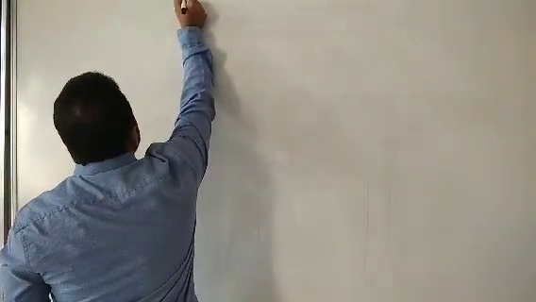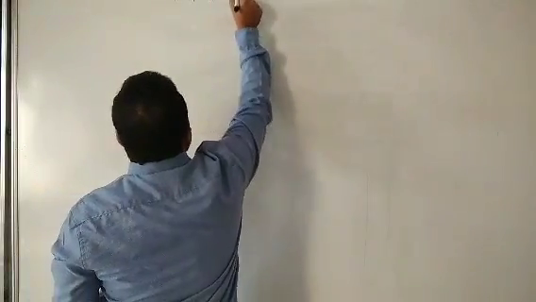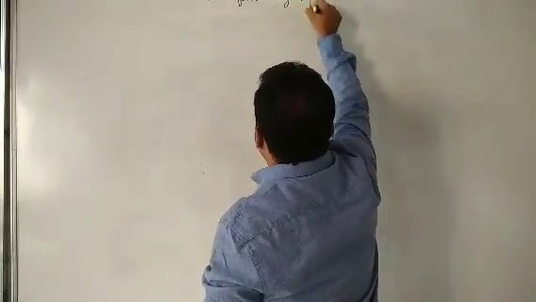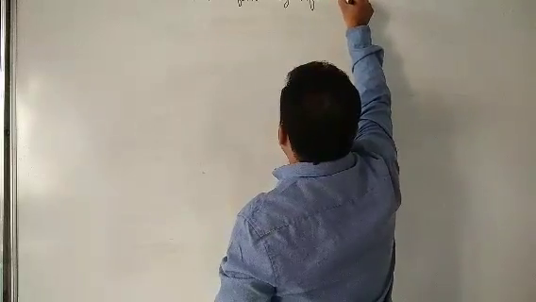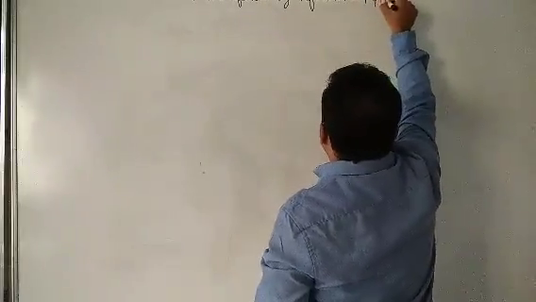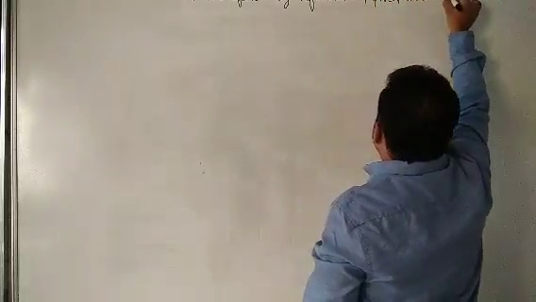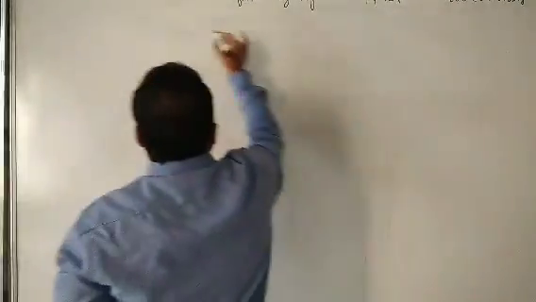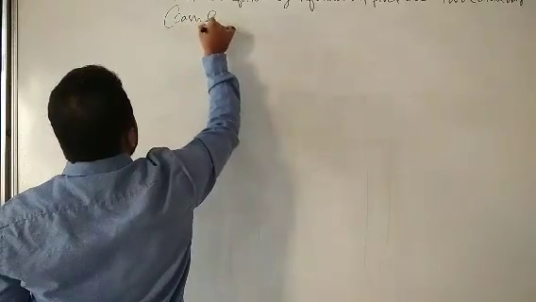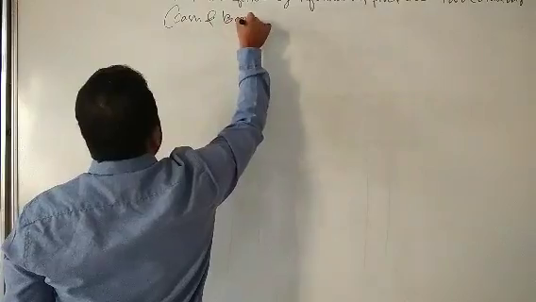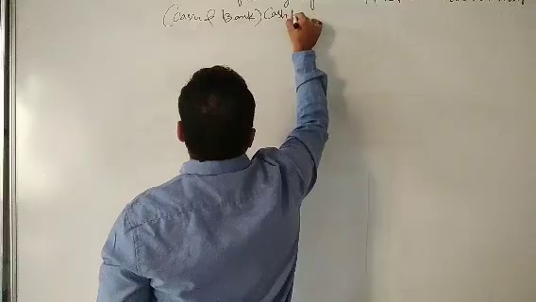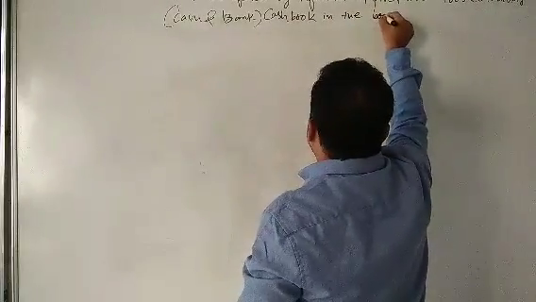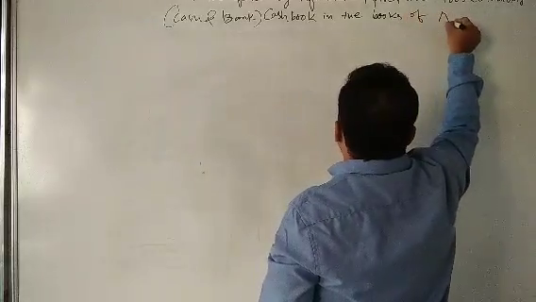From the following information, prepare two column, that is cash and bank, cash book in the books of A Limited.